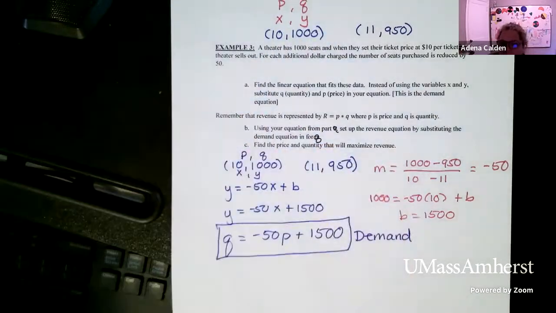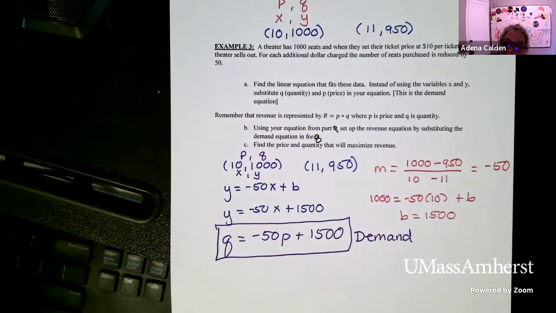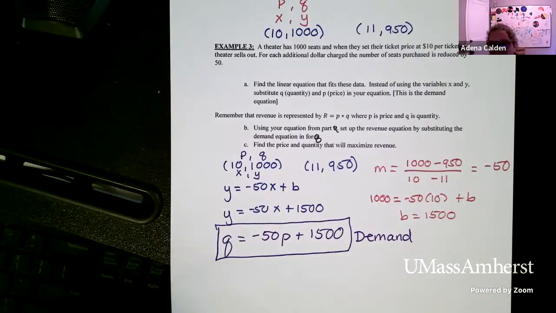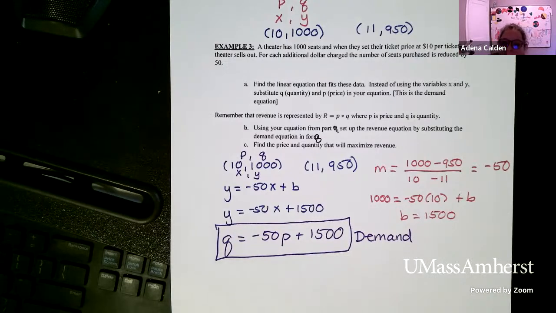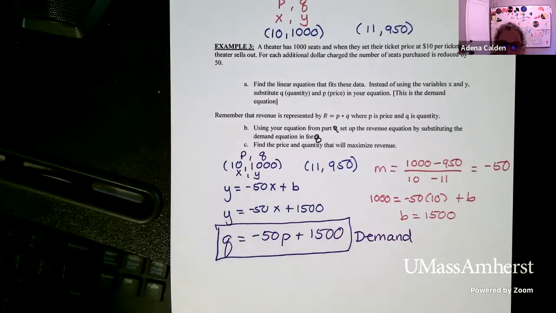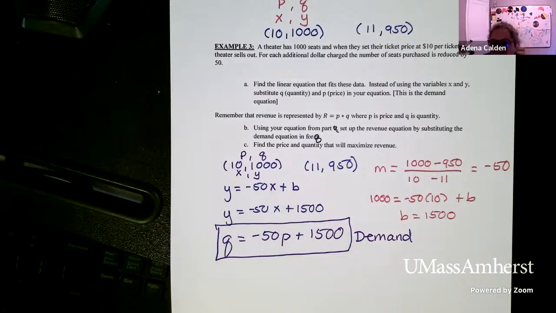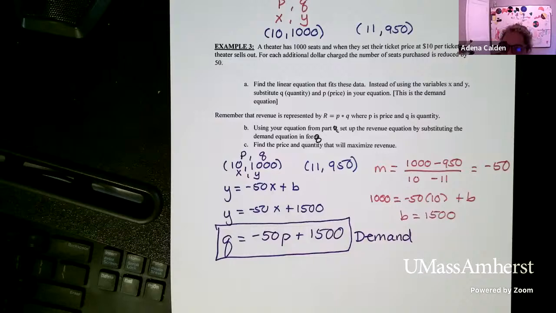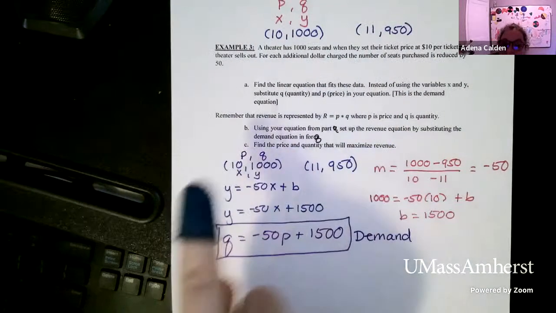So the 10 and the 1,000, but that's not true, right? Because if you charge more money, you don't need to sell as many tickets. And so what ends up happening is you end up with sort of a function that is not quite as obvious as you think it would be. Okay, so we're trying to find a combination of price and quantity that's going to give us the most revenue.